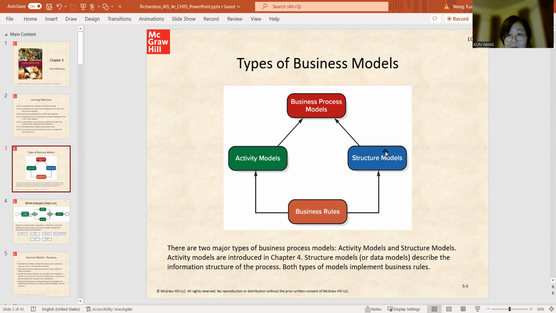Then the structure model helps you identify the data or information flow captured, processed and reported from the activities. It's like the way we analyze when we make journal entries.